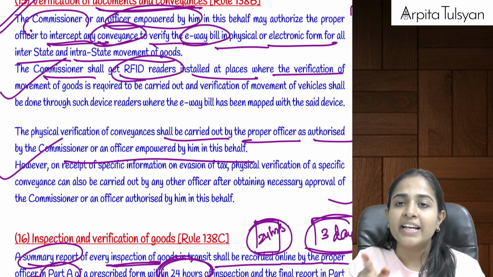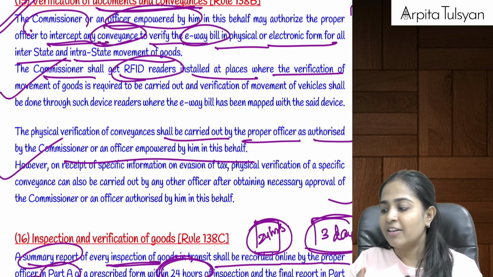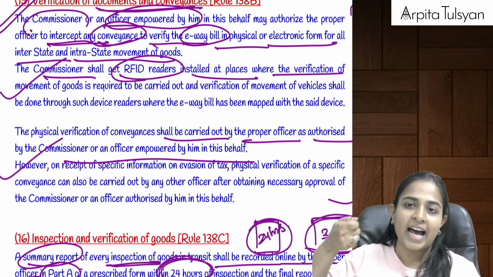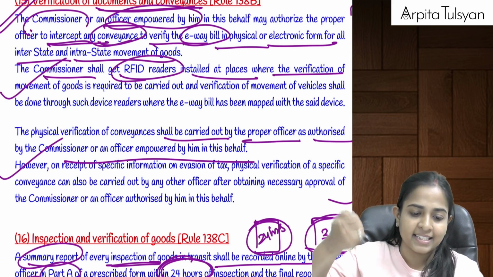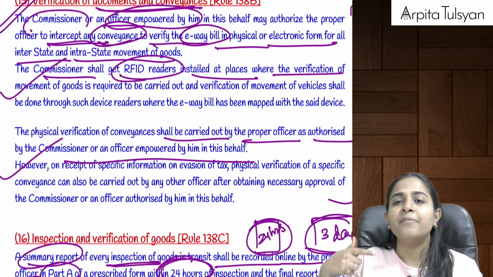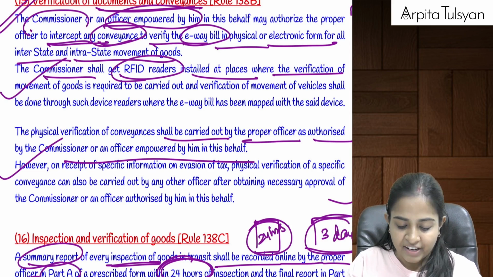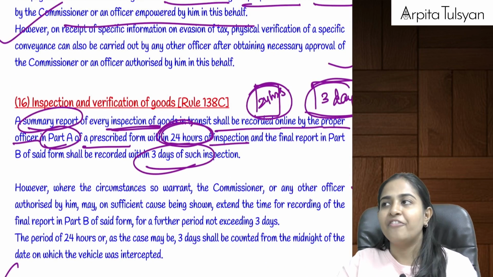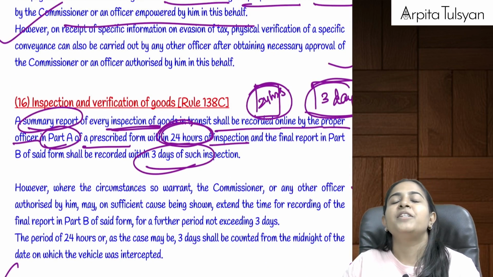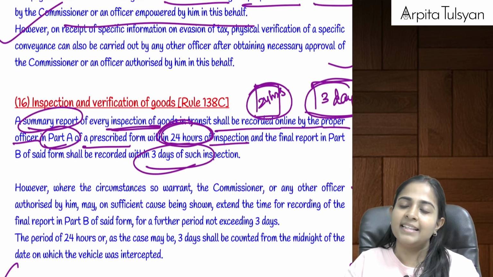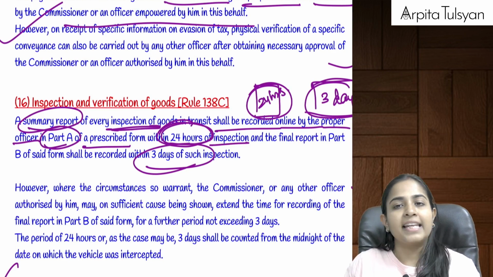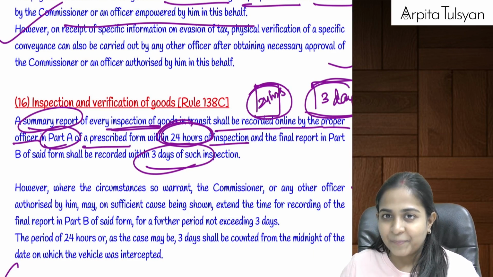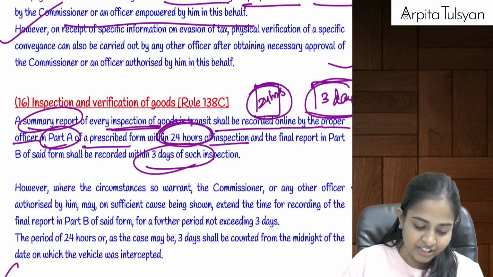But wherever they want to check these documents, they have to make sure that RFID devices are installed so that they can scan the QR code, or check it by way of these RFID readers, right? And if it has been checked at any particular place, then this particular vehicle or vessel cannot be stopped again. That is a very good point which they have given us here.